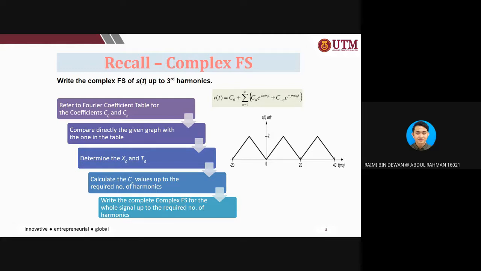Wait, where is this thing? Assignment, tutorial.